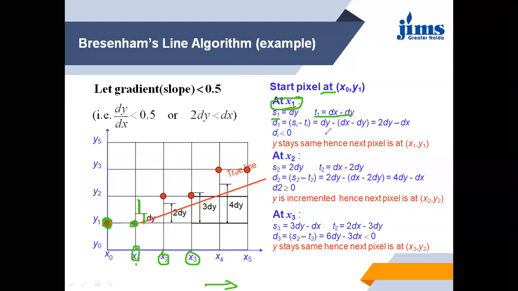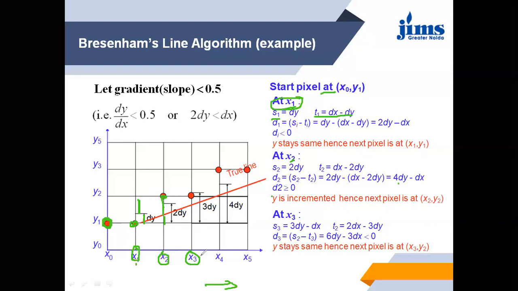Same in the case of point x2, this distance is... when the value of d2 is greater than 0, for dy minus dx, then we have to draw this pixel.